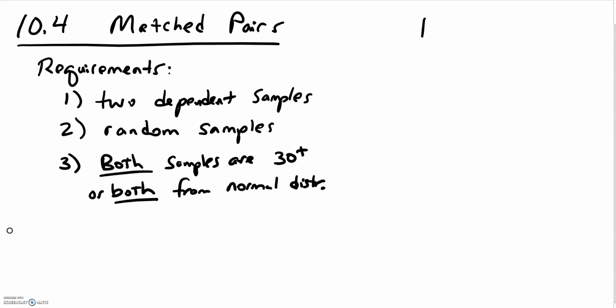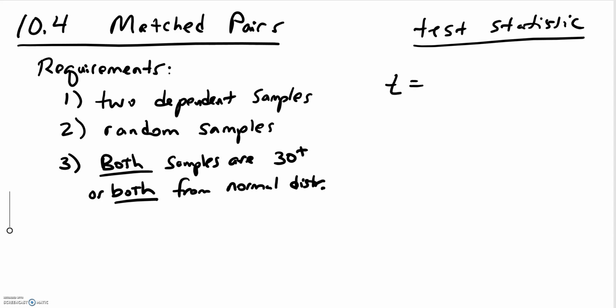Let's look at our test statistic. When we have matched pairs, we're going to be looking at the t-test. It's slightly different. First, we need to find the difference between your left hand and your right hand, the difference between the brother and the sister. So we would find all the differences and find the mean of those.